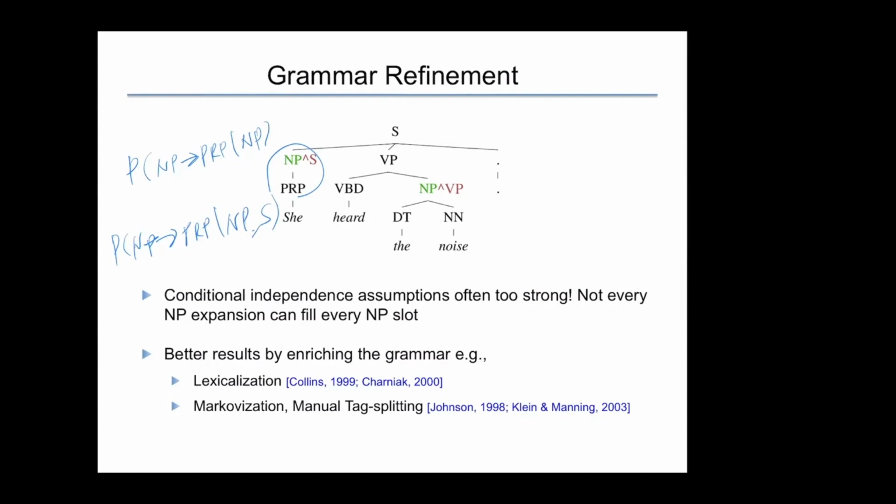So what people have done after they have formulated syntactic parsing into PCFG is that, okay, we cannot just assume that this NP turning into PRP probability is independent from what the parent of NP is. So let's mark each non-terminal with what its parent is.